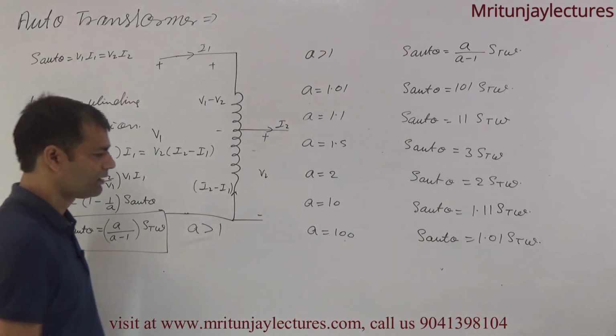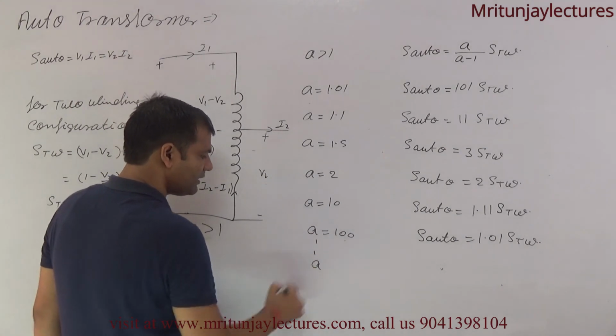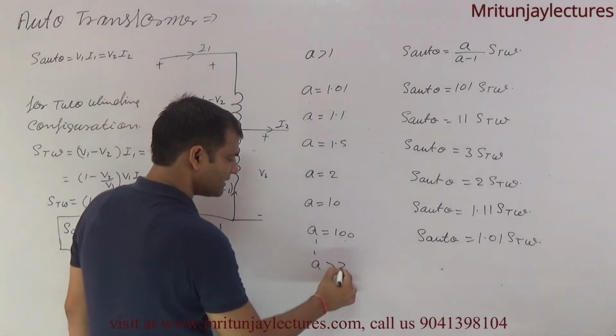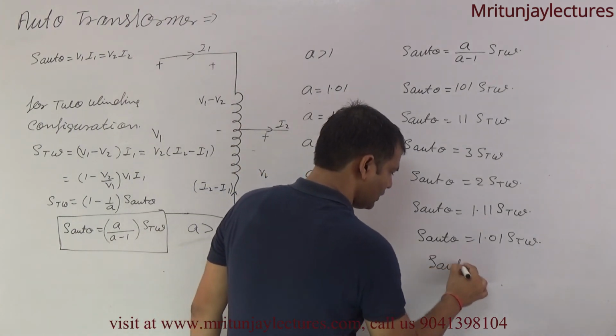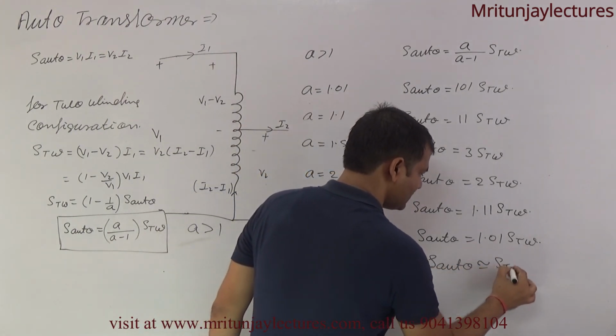Similarly, if A is greater than 1, what about S auto? It is closer to STW.